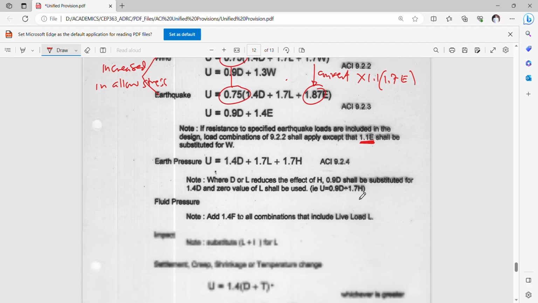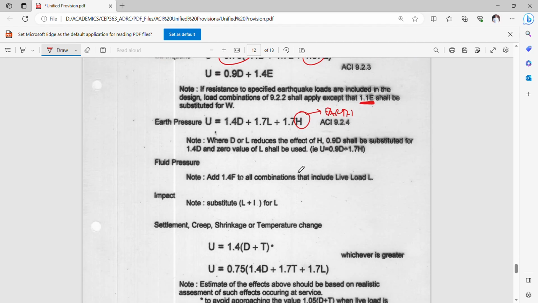Okay, so for earth pressure, which is designated as H, okay, H is earth pressure. So this is just the same as live load. Okay, so if you notice, it's also factor 1.7. For fluid pressure, it is said here that we simply add 1.4F to all load combinations that include the live load, whenever fluid pressure is to be considered.